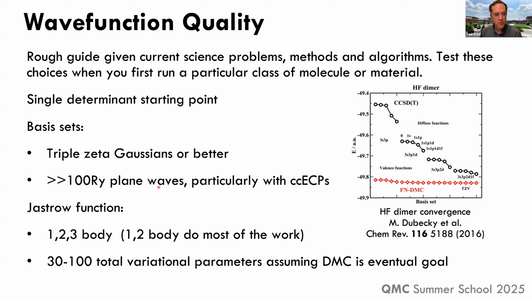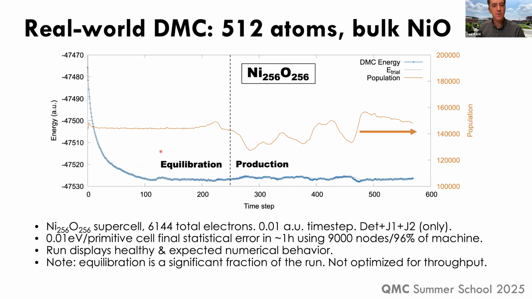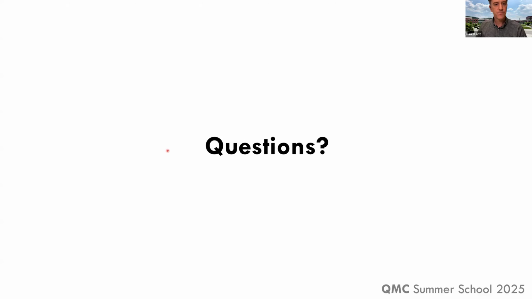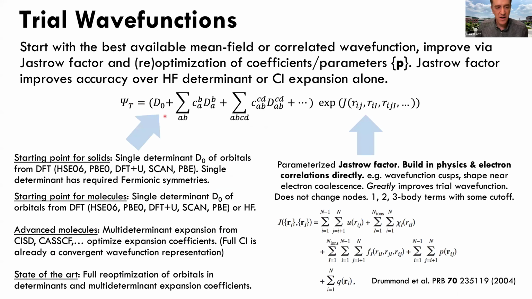First of all, if you run diffusion Monte Carlo, and I'm afraid I don't think I've got a relevant slide, so I'll just have to talk. If we run diffusion Monte Carlo with, let me go back to the trial wave function, that might help. So if we have a trial wave function which is just a single determinant, and it doesn't have these additional correlation functions and physics built in, we can of course still run, but we probably won't have the cusp of the wave function accurately reproduced.